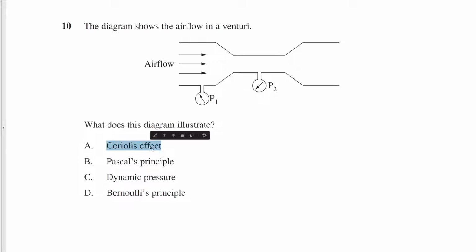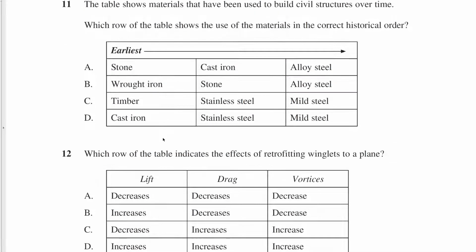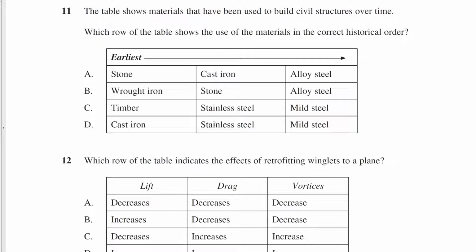The Coriolis effect, I think, is a global phenomenon that happens at the equator. Pascal's principle is when we have sealed containers, so that's big force, big area, and dynamic pressure. I'm not even sure what they mean by dynamic pressure. But I'm very conscious of time, so I'm not going to think about it.